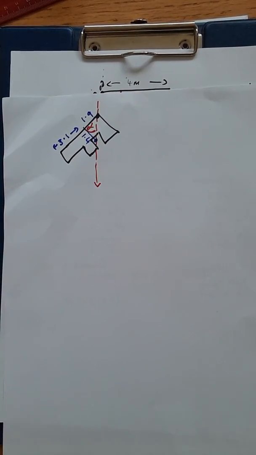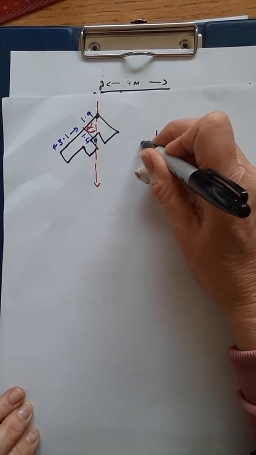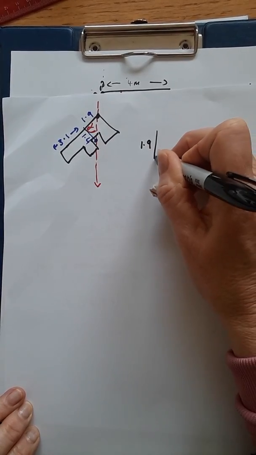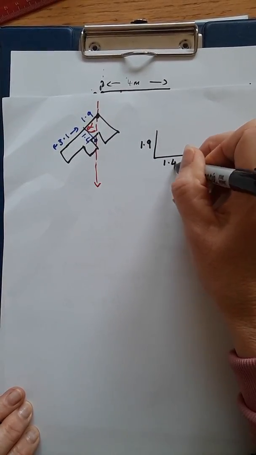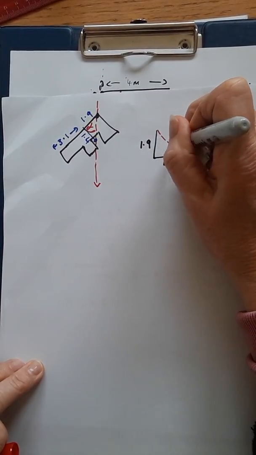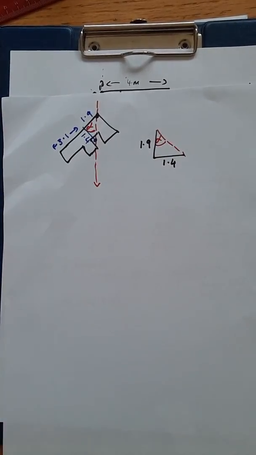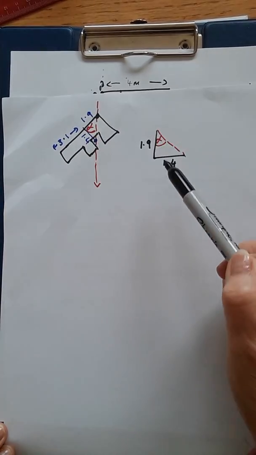Right, so if you notice now, look what I have, a right angle triangle. So this is 1.9, this distance here is 1.4, and this is that angle here, alpha. So I've just removed this little triangle. See that triangle here? I've just removed that triangle and here it is.